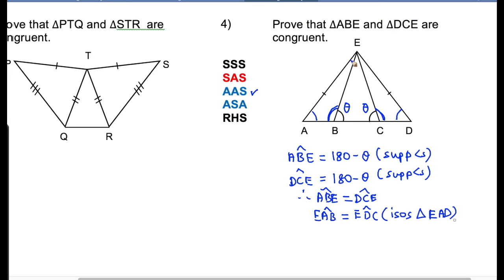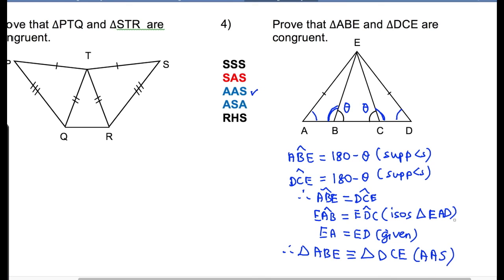Finally, we have the given side, which is EA equals ED. Therefore, we conclude that triangle ABE is congruent to triangle DCE, and the reason is angle, angle, side. This concludes the proof.